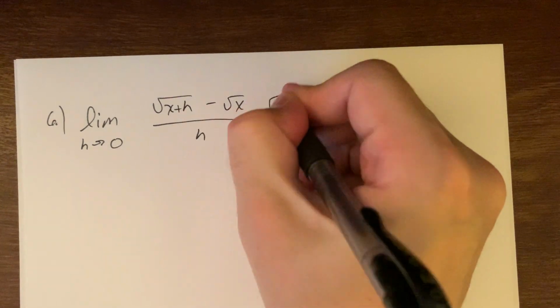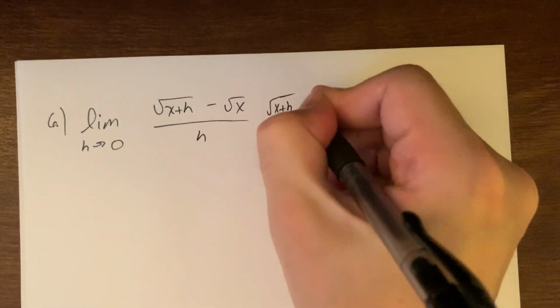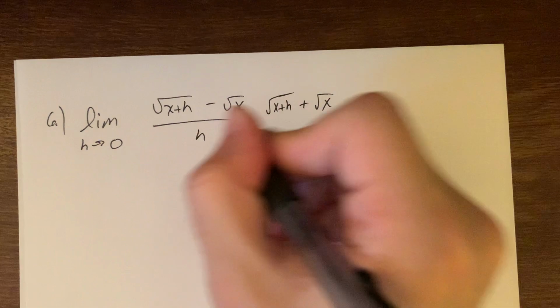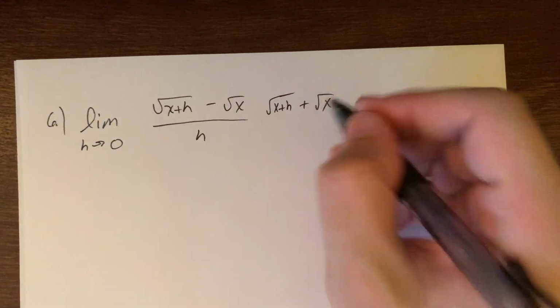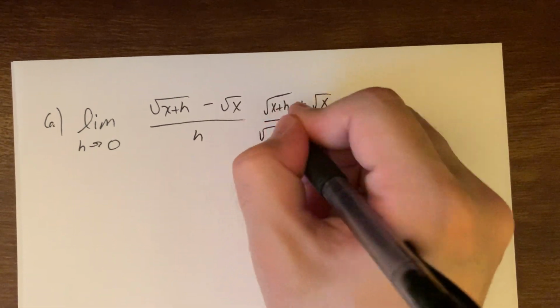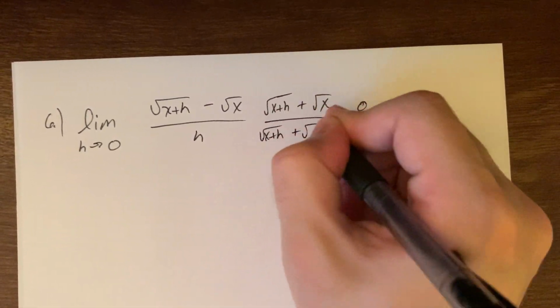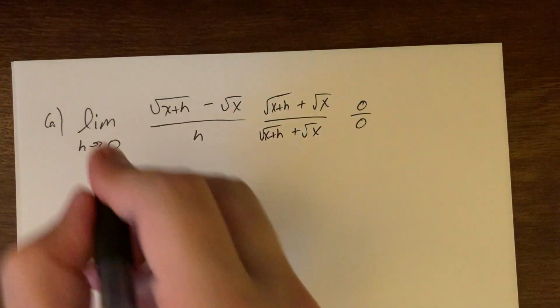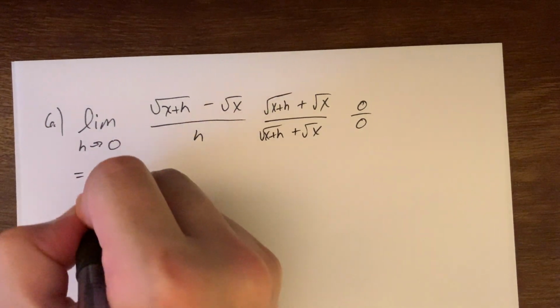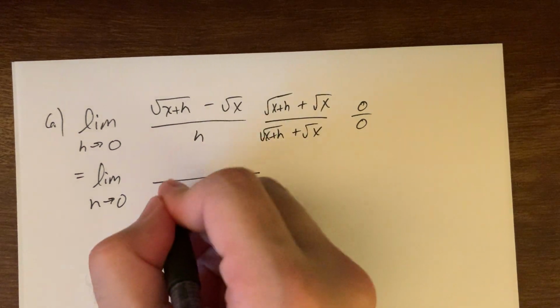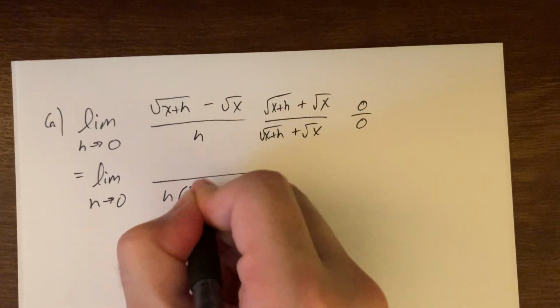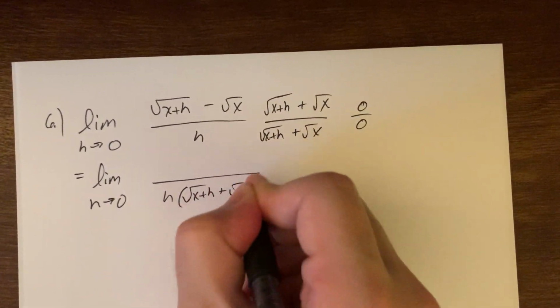This time the conjugate will have radical x plus h plus radical x. Both of them have the radicals. That doesn't matter. I still just change the sign, keep the same order. And whatever I do to one piece, I have to do to the other. My denominator, I'm just going to set that up that they're attached, but I'm not going to distribute.